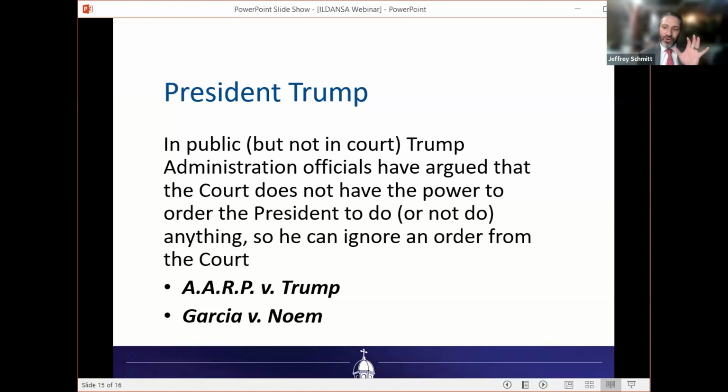If you're interested and want to read about this stuff, Google those two cases and read the most recent opinion. The opinion in Garcia versus Noem is also very interesting, from one of the most famous circuit judges, lower court judges in the country. What they're talking about essentially is the need for the court to be able to decide what the law means, going all the way back to Marbury versus Madison.